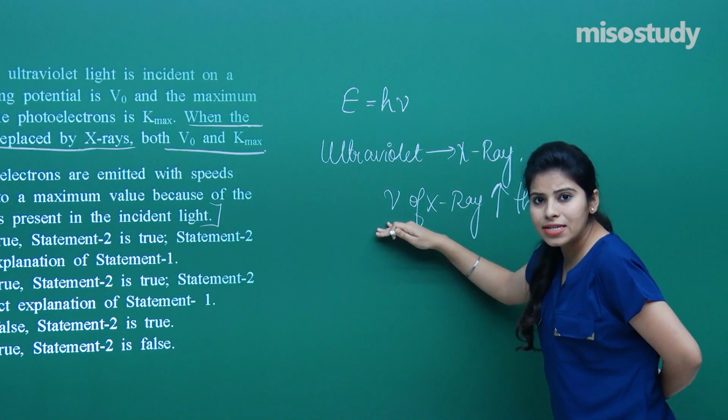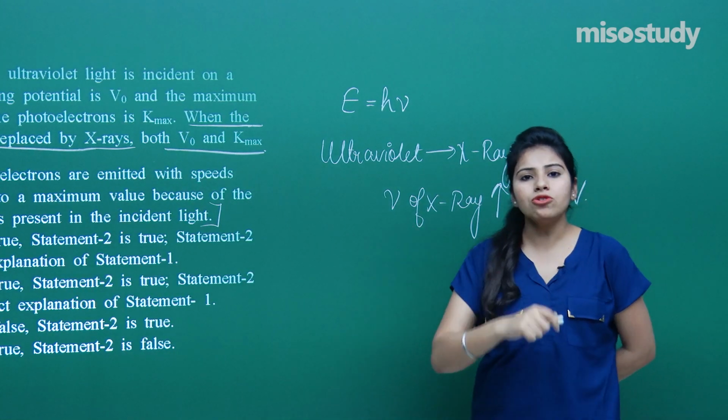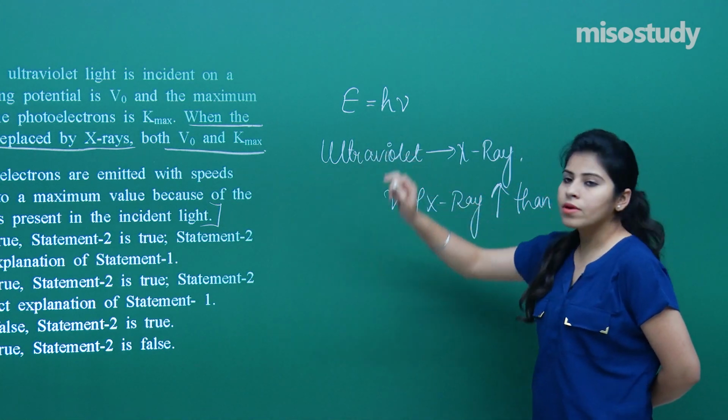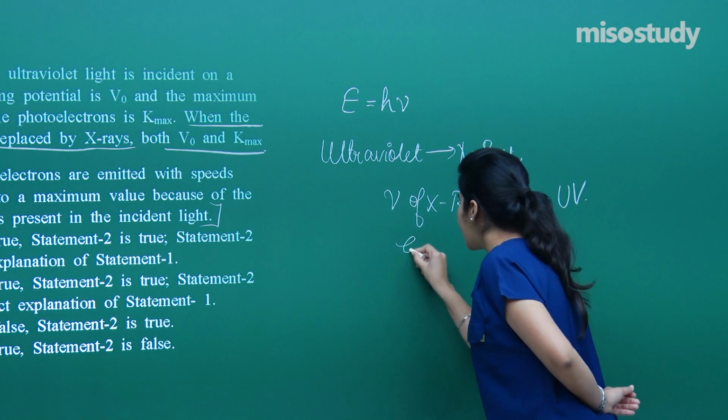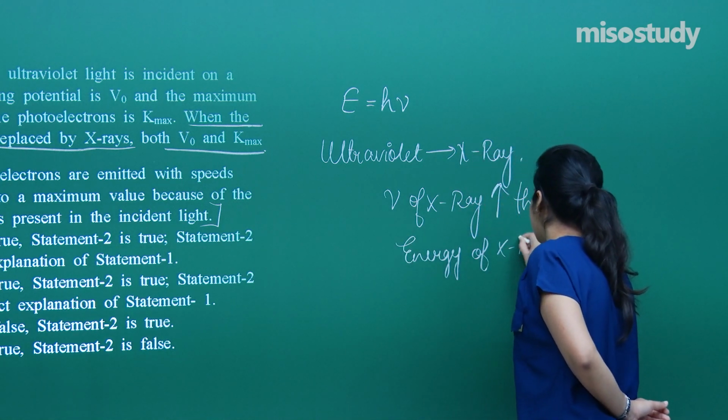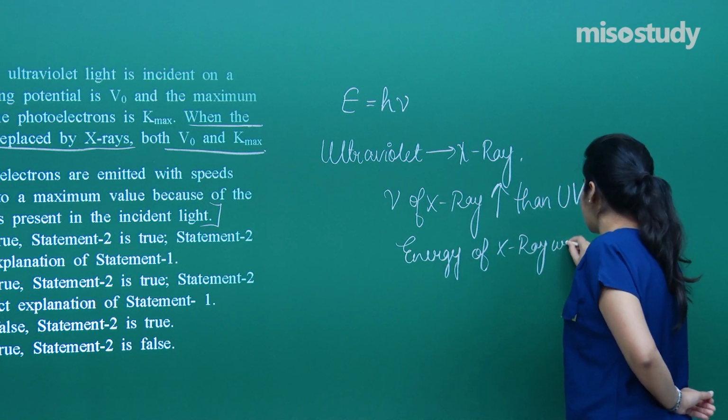If the frequency is higher, it is quite obvious that the energy will be higher, because E equals h nu. So we say that the energy of X-rays will be higher.